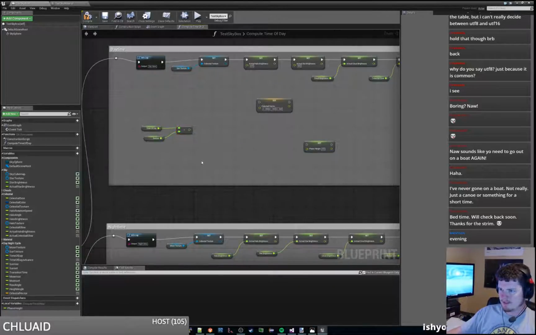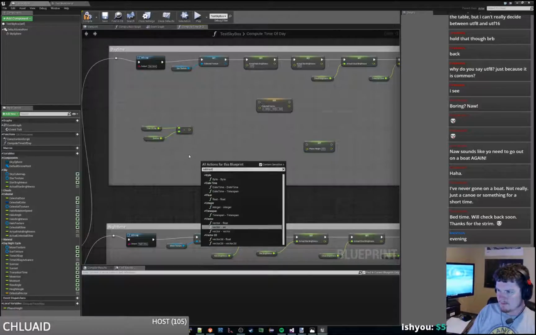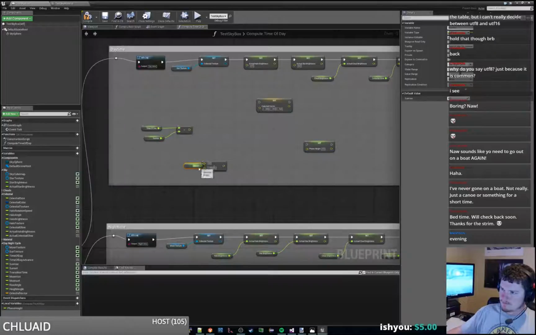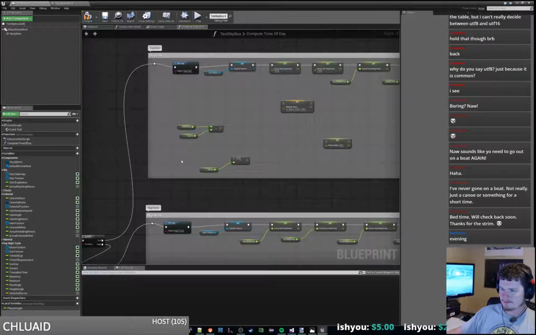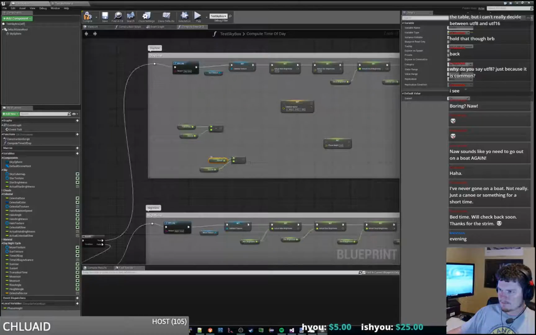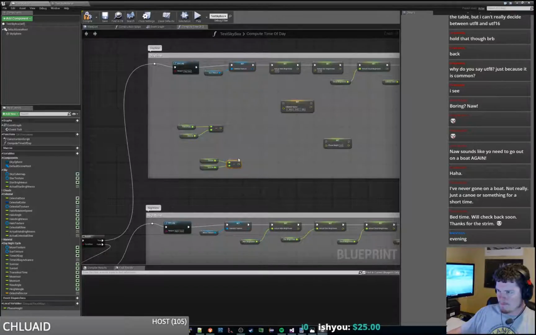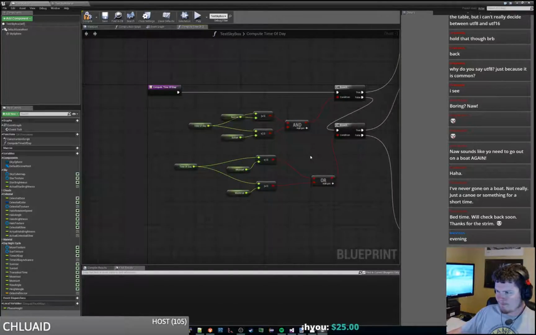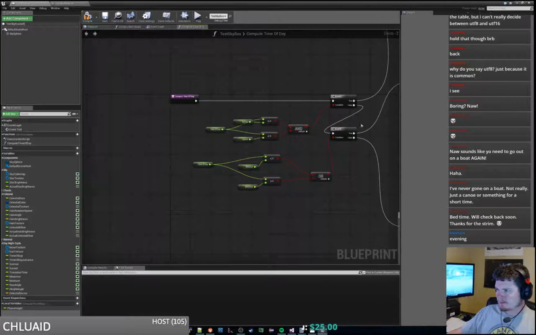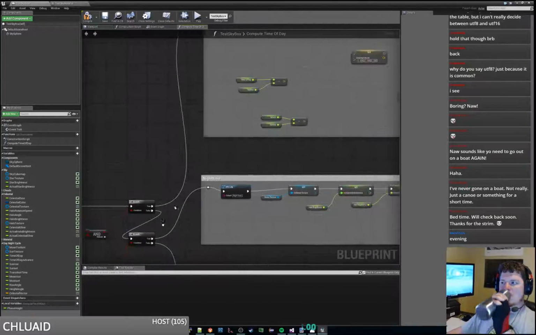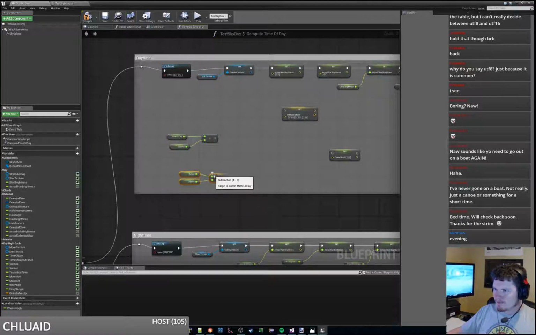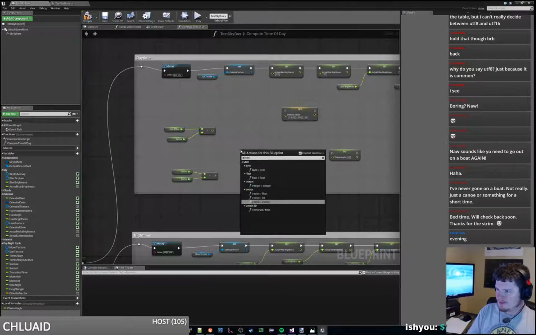And then we want another subtract: sunset minus sunrise. So we do a divide here.